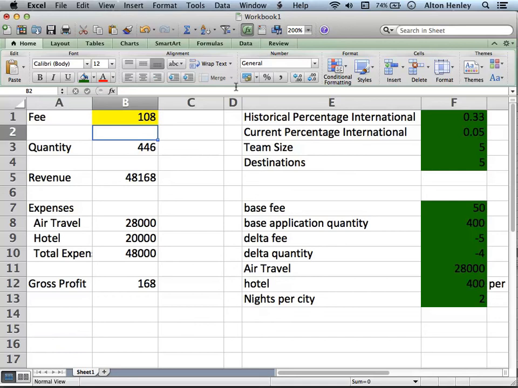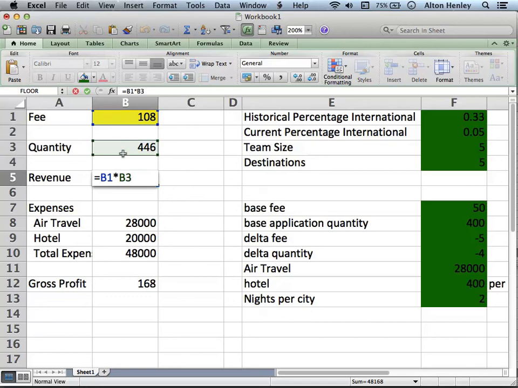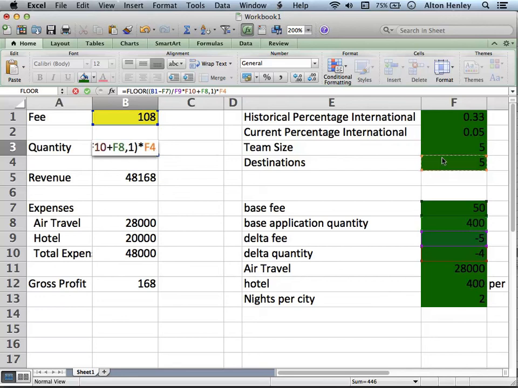So does anything there strike you as wrong? Okay, here's the thing. Your revenue is your fee times your quantity times your destinations, because at that price, that's how many applications they would get per city. So what I'm going to do is set my quantity equal to all of this times destinations.